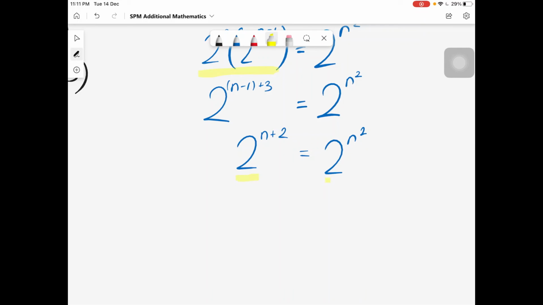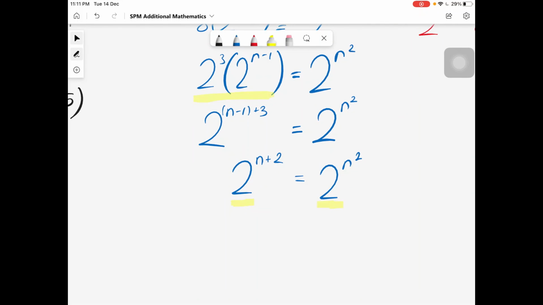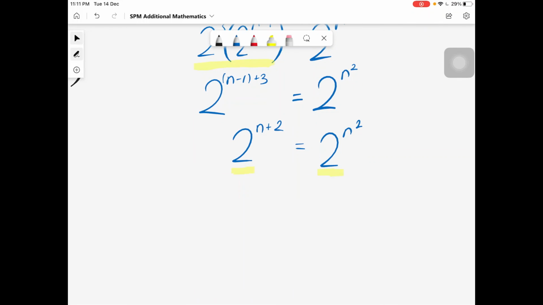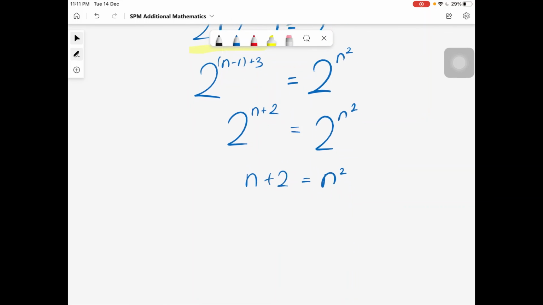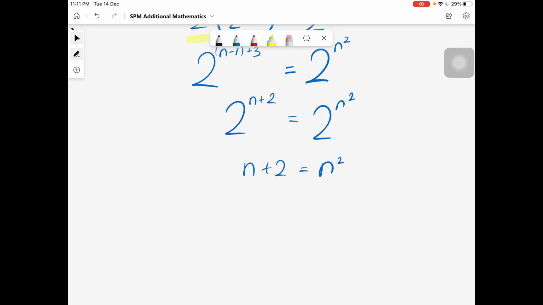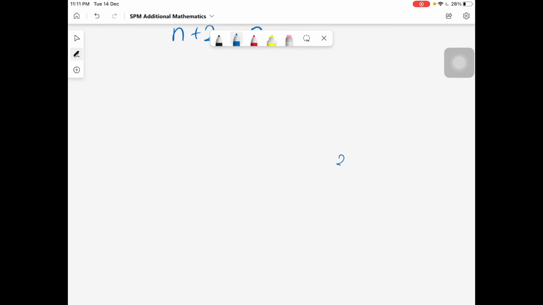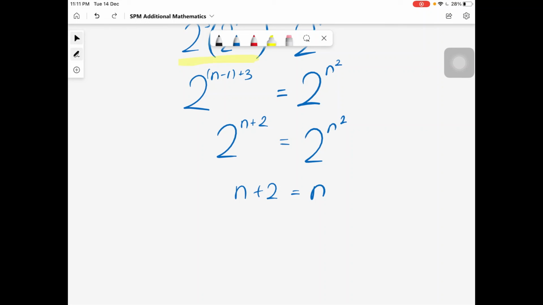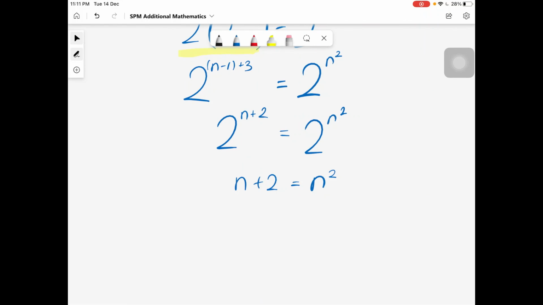Because we have two bases that are the same, what we can do is ignore the bases and just equate the powers. It's n squared. So we want to put it all into one side. We can already see a quadratic equation forming, and if you see a quadratic equation forming, we need to know that the next step is to put the whole equation to one side.